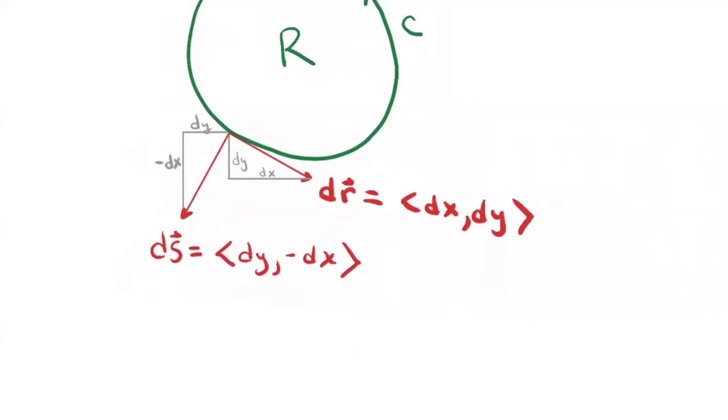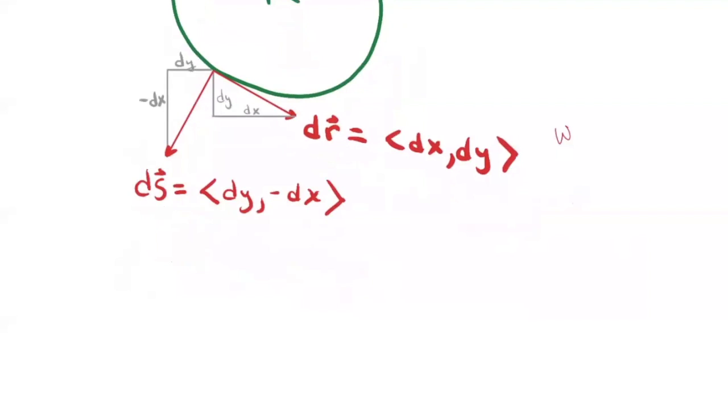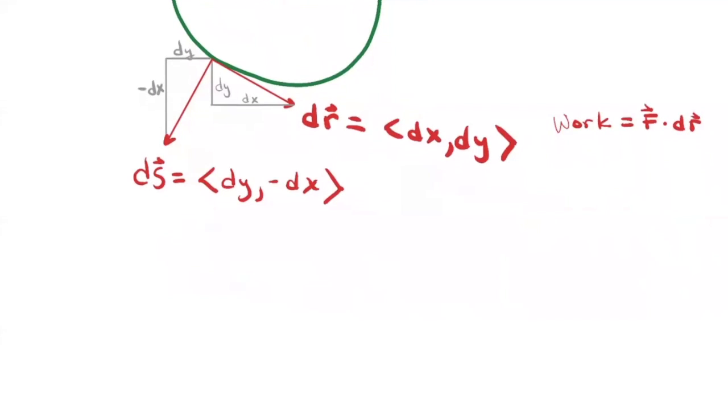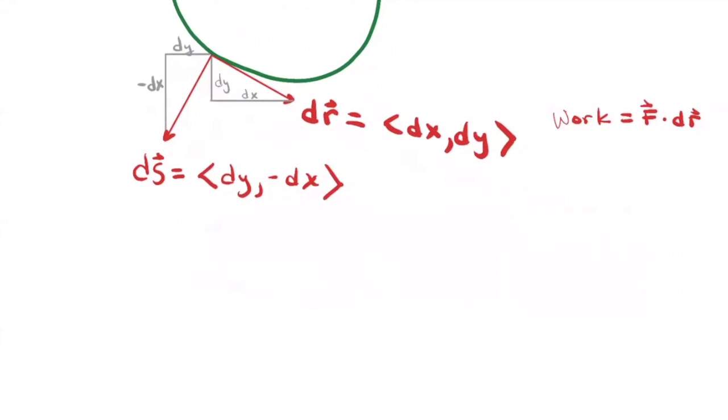And just as a reminder to you, when we do work, hang on, I've got to fix that. How are we doing for time? Plenty of time. Okay, so when we do work, it's just F dot dr. Field dot dr, that's a differential for work. It's not all the work. You have to integrate that, right? How's the screen? Looking good? Okay.